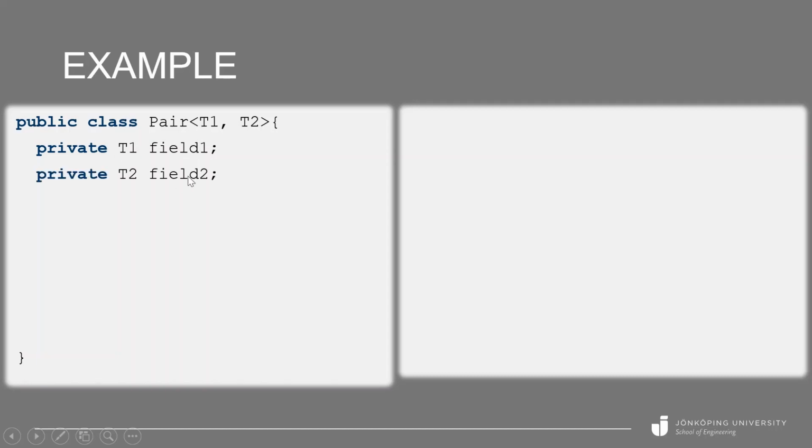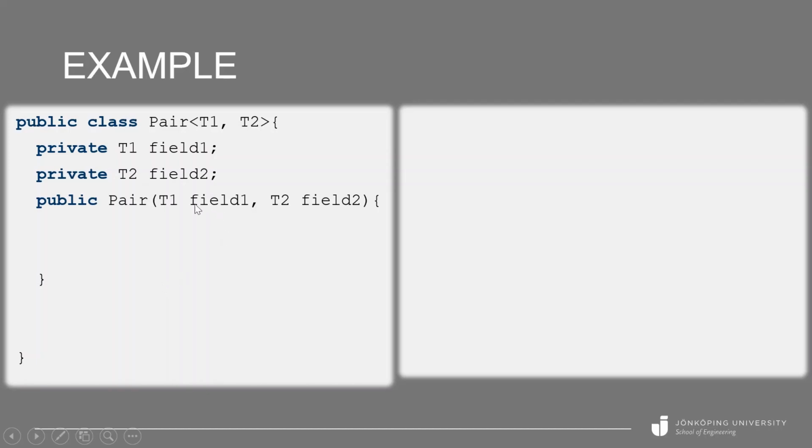Here is another example of how we can create our own generic class. So here we create a class called Pair, which we should be able to use to remember two values. The first one should be of the data type T1 and the second one should be of the data type T2. So here we have an instance variable of type T1 and an instance variable of type T2.